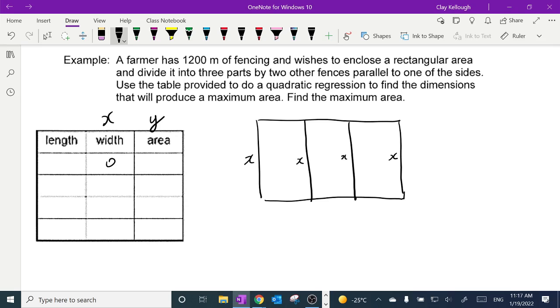If the x lines are going to be 0, then I have 1,200 meters of fencing to put along here and along here. So they're going to be 600 each. But of course, length times width, 600 times 0 is still 0. We can do better. Let's say we've decided that the width is 10. What's the length going to be? And then what's the area going to be?